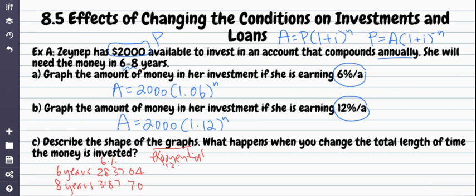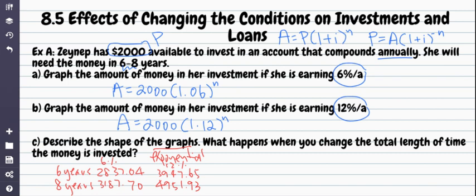And for 12%, after 6 years, she had $3,947.65, and you can see what a dramatic difference that is. Whereas in 8 years, she had $4,951.93.